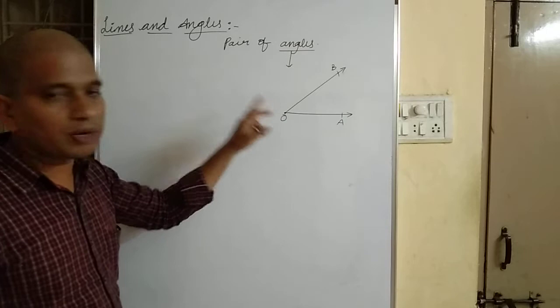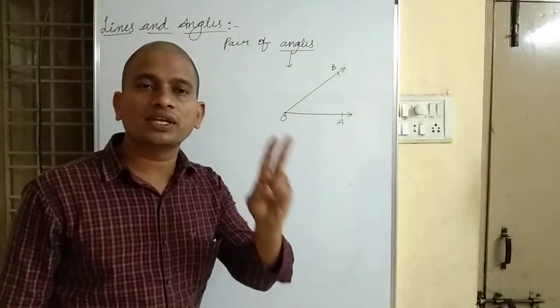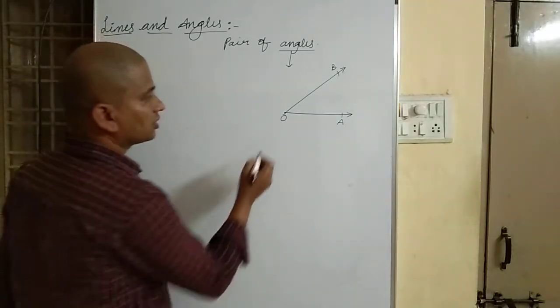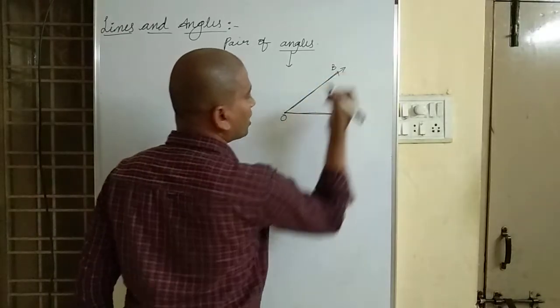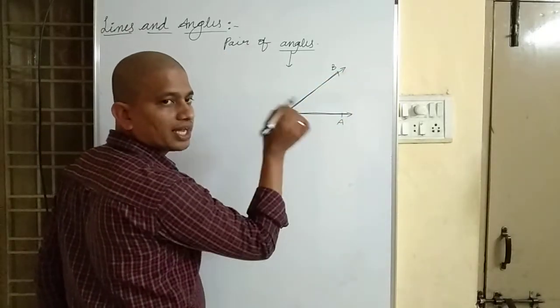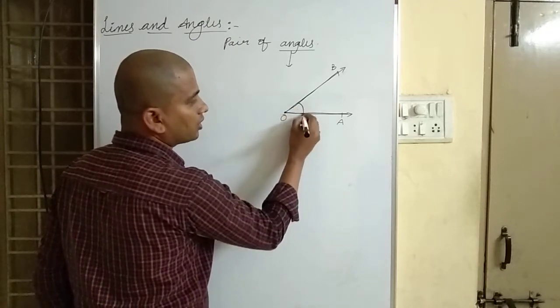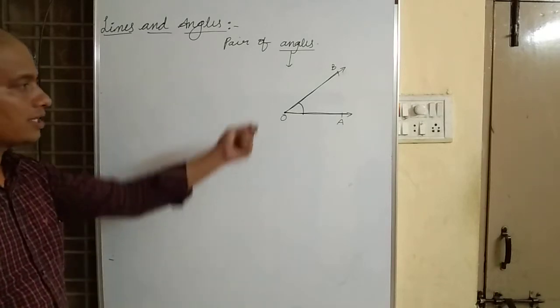So O is the common point where two rays meet at one point and make an angle. See here, this is the first ray OA and this is the second ray OB. These two rays meet at this point, and here an angle is formed.